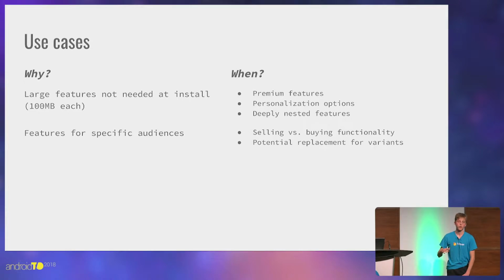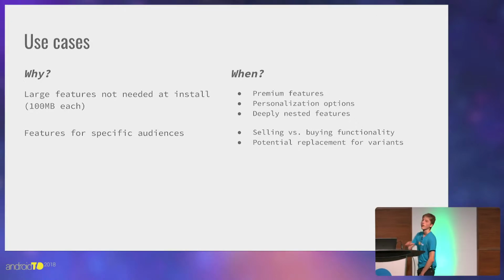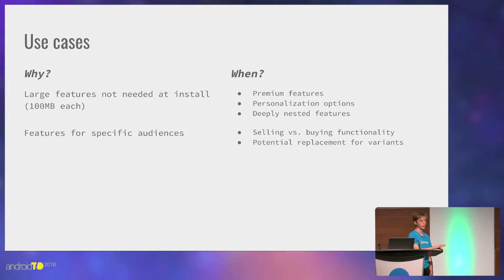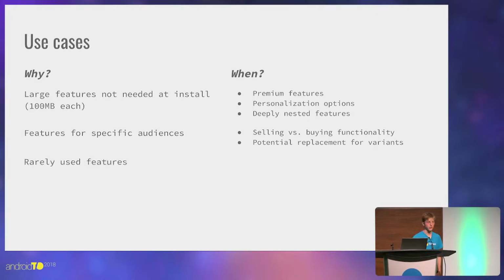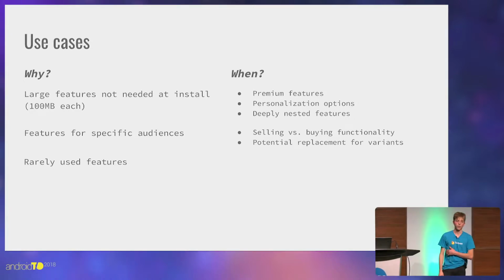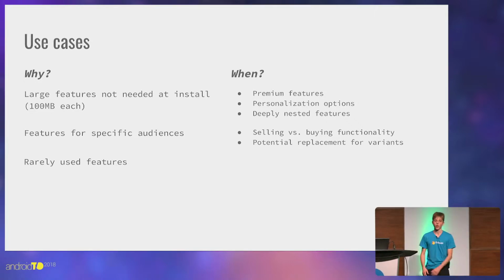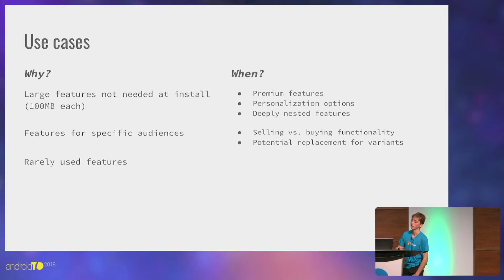So you could download the selling functionality later for those users. And then if you have app variants, this is a potential replacement where you could swap your features around. But that's more advanced stuff. And then lastly, if you have features that your users aren't using a lot, and it's just kind of this niche thing, you might not want to download it immediately.